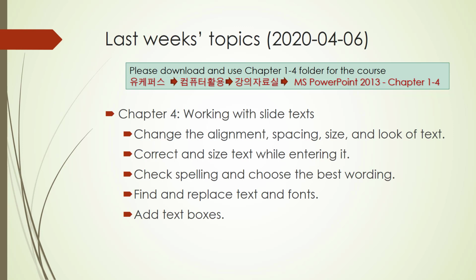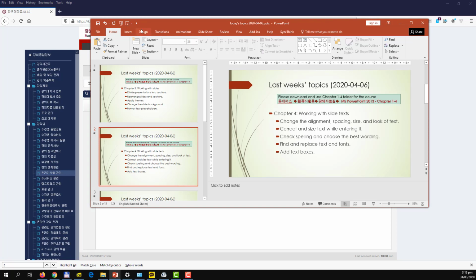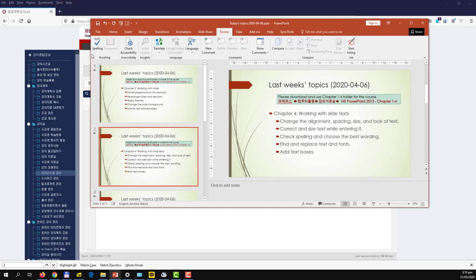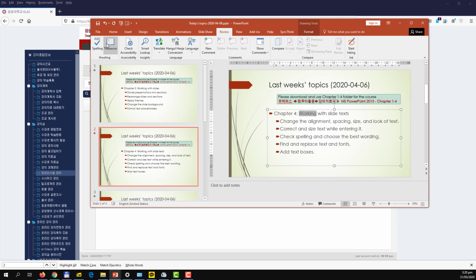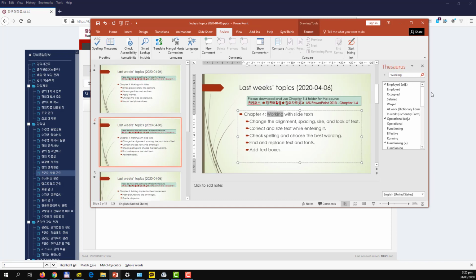Then we could use the spelling options in the review, so proofing, spelling, and there are options here for the words. So if I click here, you see different possible wording for the same word which we use in the slide.